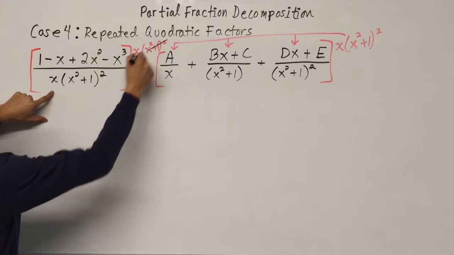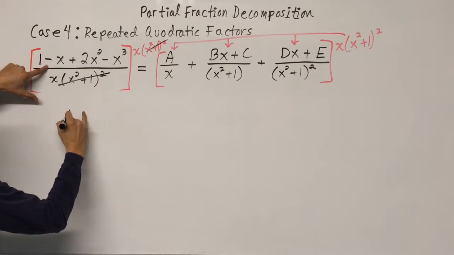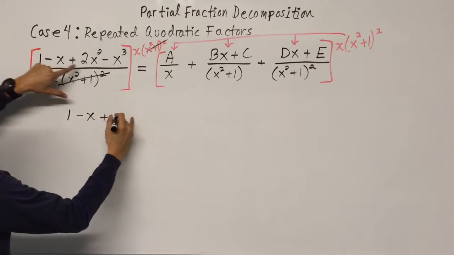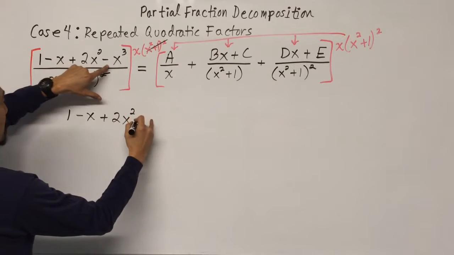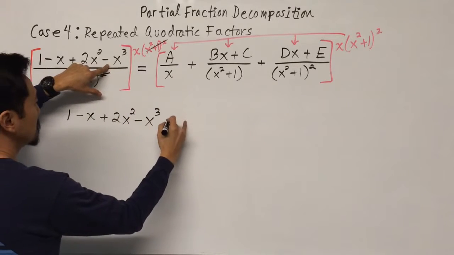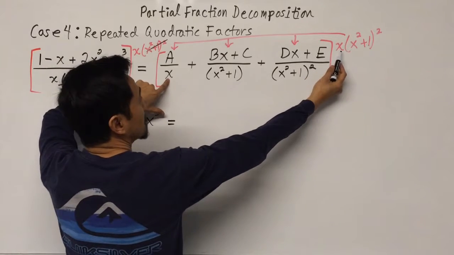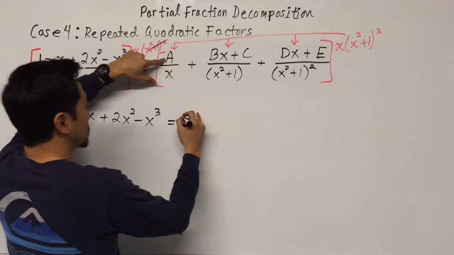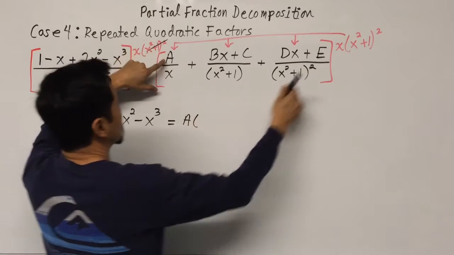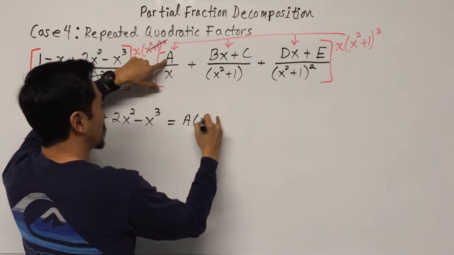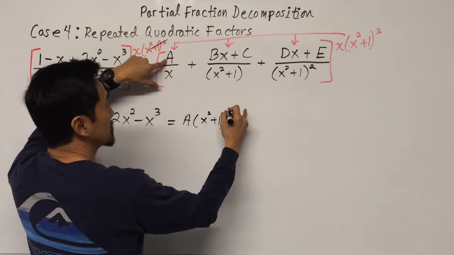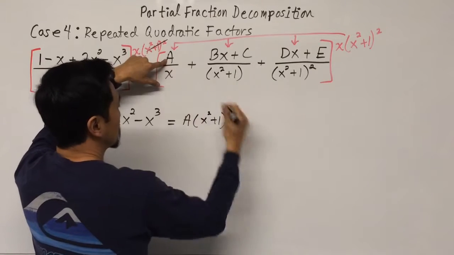Again, these will cancel, so you're left with 1 minus x plus 2x squared minus x cubed. These x's will cancel, and I'm going to be left with A times what? That x squared plus 1 to the second power.